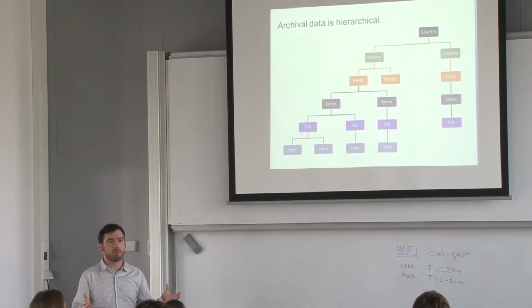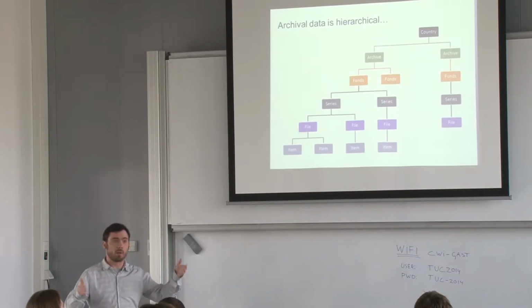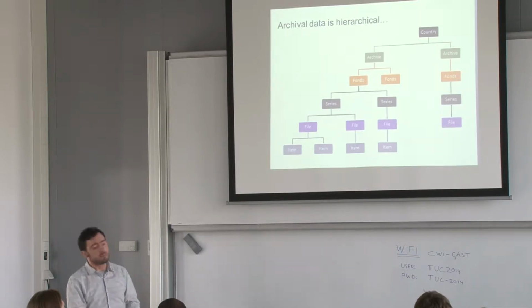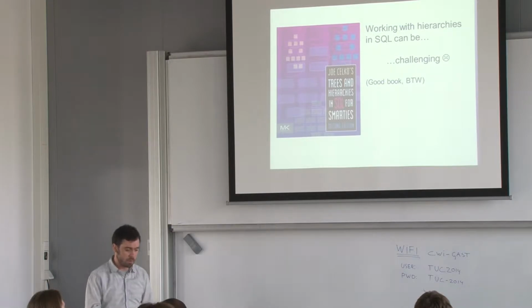So the data we get from all these different archives, if it exists at all, is quite varied. But one particular characteristic it always has is it's arranged hierarchically, much like the files on your computer or the physical material in the archive: within a shelf, within a box, and so on. Now, we worked a lot with some other tools that did this, which were mostly based on a MySQL database or something.